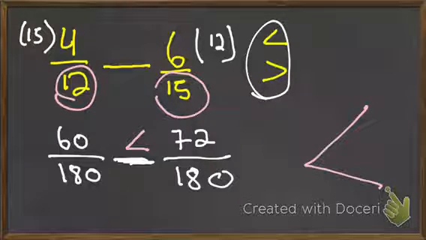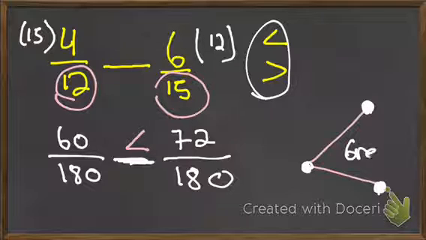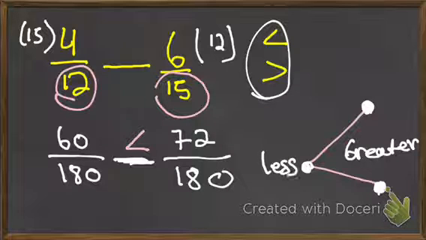They said the alligator eats, the mouth of the alligator eats it, or something that someone told me one day. You think about it, put a little dot at the end of it. Well, there are more dots this way, so this is greater. Fewer dots here, so this is less. So 60 over 180 is less than 72 over 180.